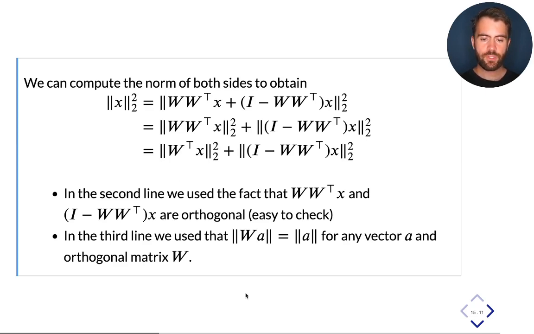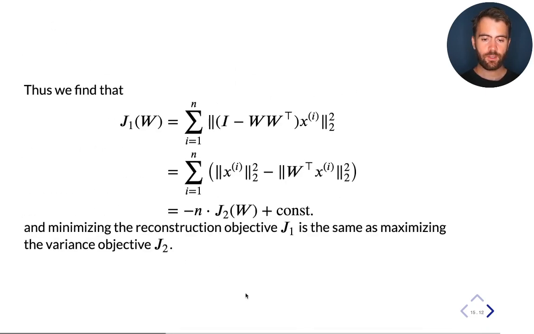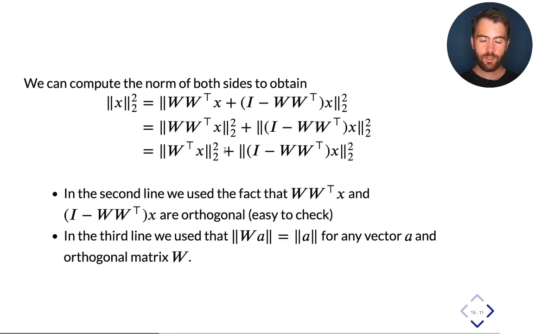And the observation here is that this really closely matches our objectives. In fact, this is simply our variance objective, and this is our reconstruction objective, and their sum equals a constant.